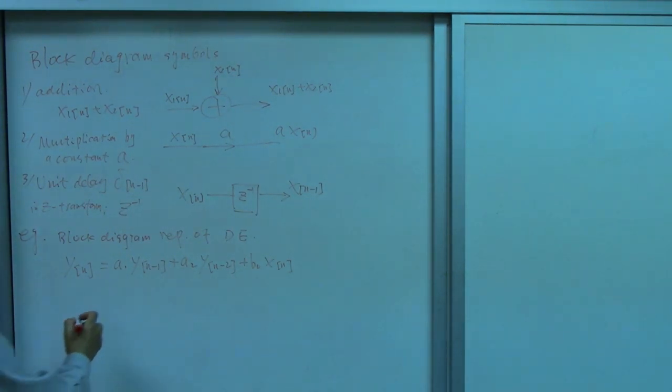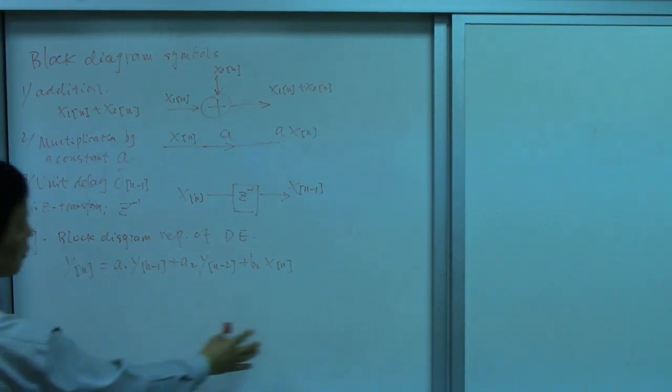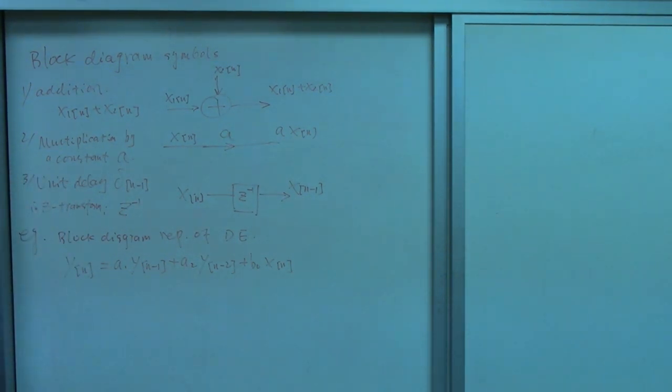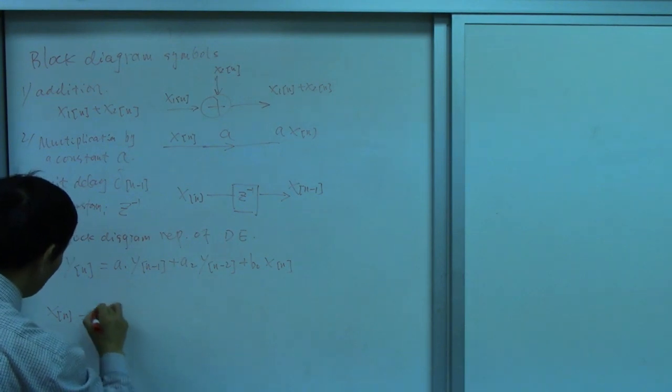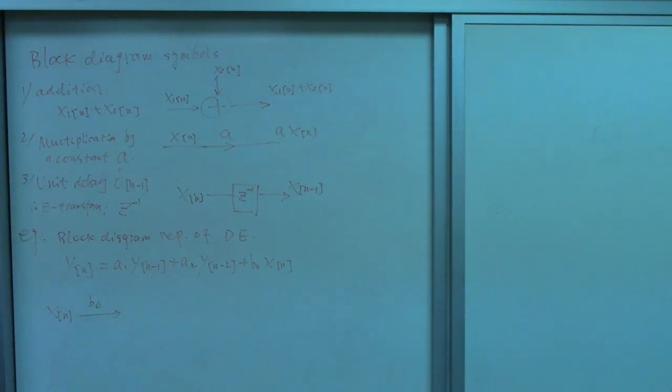The output must be on the right hand side, and the input is x[n], so we write this one on the left hand side. Then we need to multiply by b0, by a constant. So this one goes this way, with b0 like this.